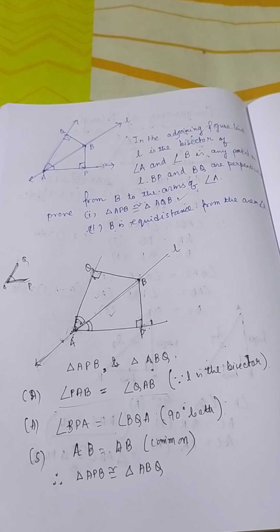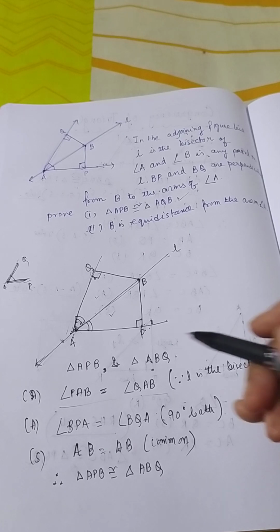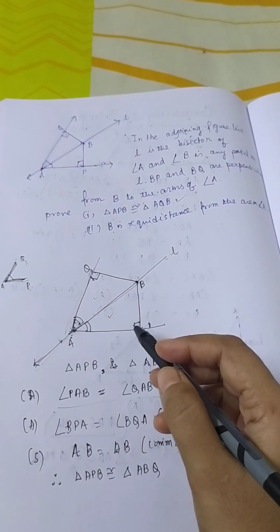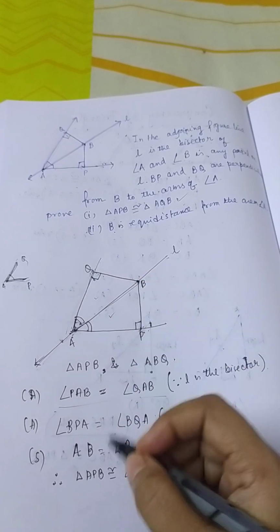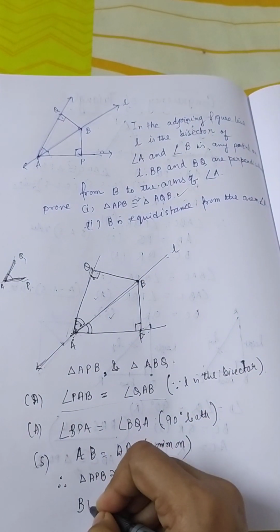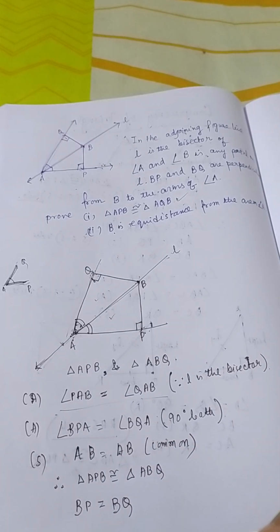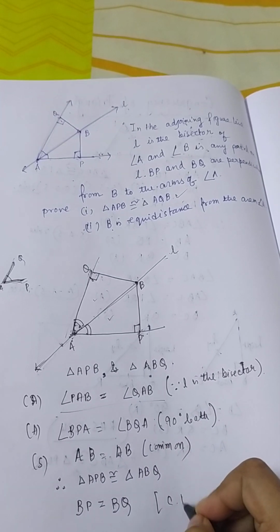It is in short called CPCT, congruent parts of congruent triangles, which you know from your basic knowledge of class 8 geometry. So from that relation we can tell that BP is equal to BQ, as per CPCT.